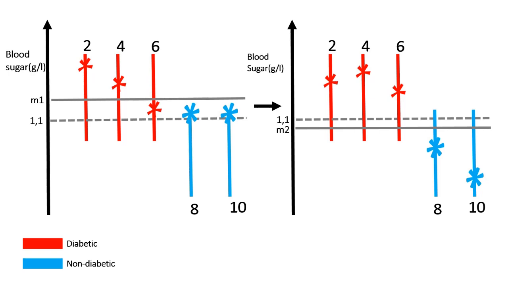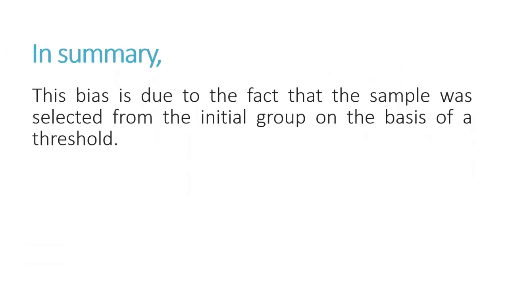Now, why could this be a bias in your research protocol? What that means is that if you are to carry out a study that is just based on the simple fact that your study sample was selected on the basis of a threshold, in our case 1.1 gram per liter.